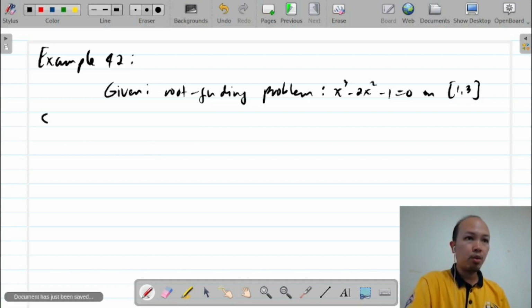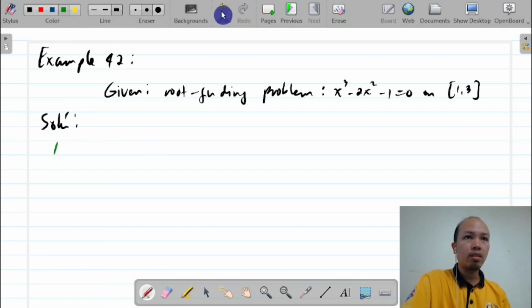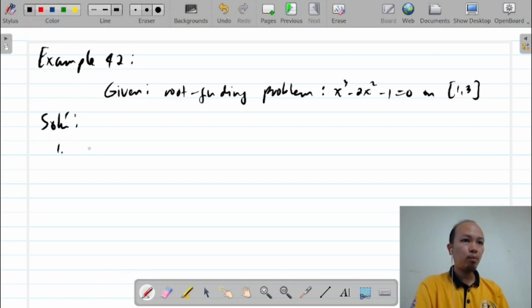And then let's have here the solution for number 1. Number 1 is to write the problem as a fixed point problem. Please pay attention to this solution.